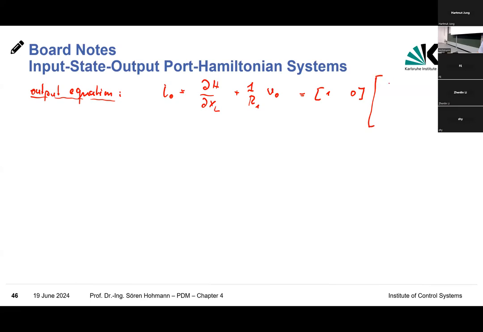And here we have the states dH/dxL and dH/dxC, with H being the summation of all energies, 1/2L xL squared plus 1/2C xC squared.